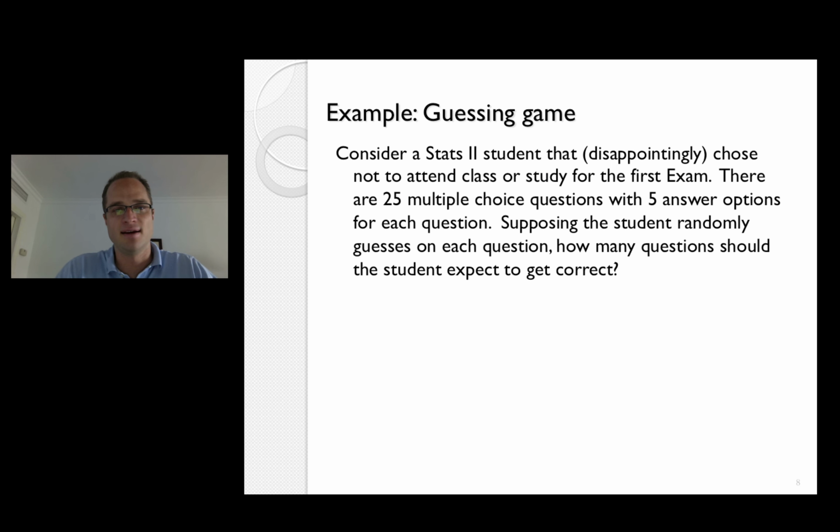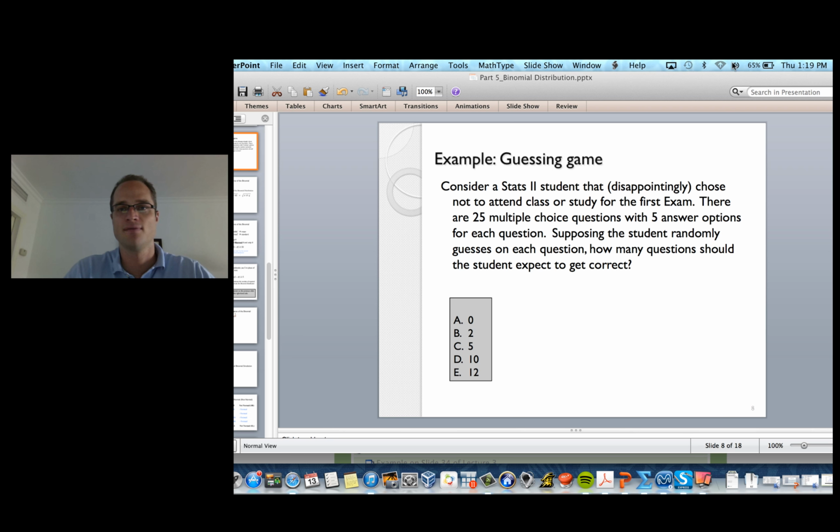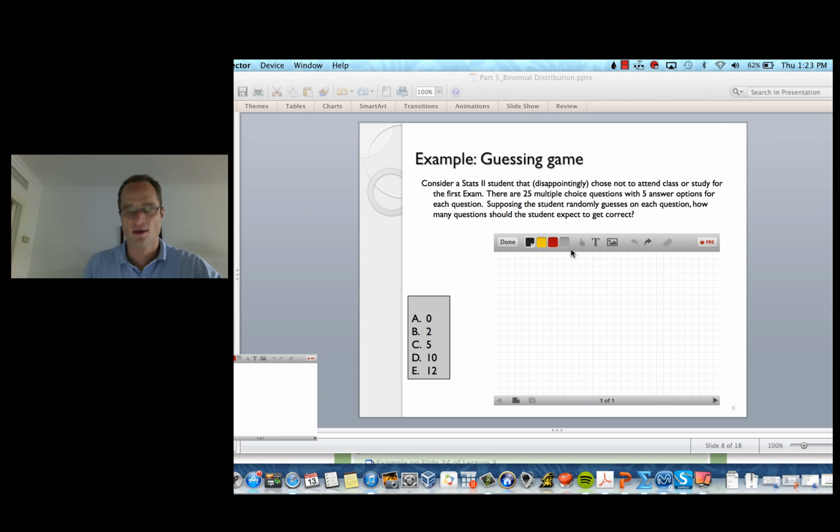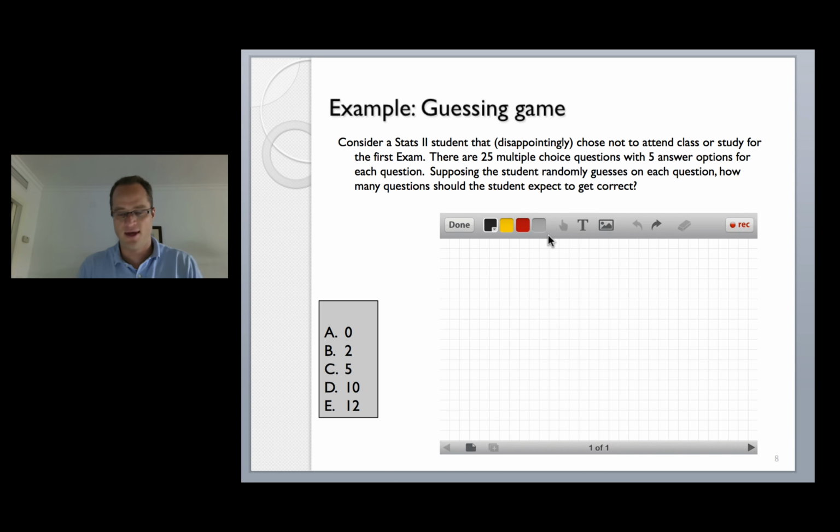So let's look at an example here. I'm going to pause this so I can get ready to draw. Okay, we're back here, and we're considering a Stats 2 student that disappointingly chose not to attend class or study for the first exam.